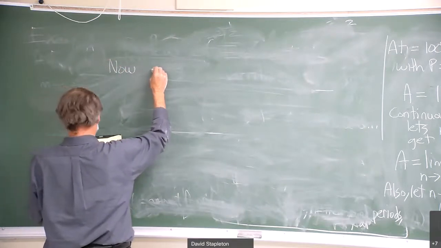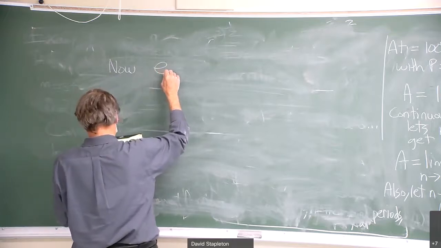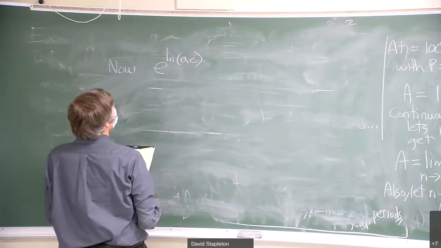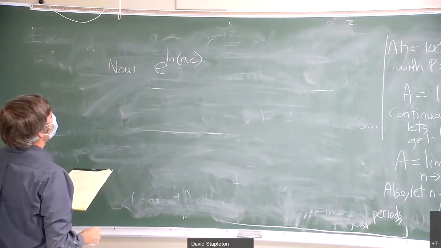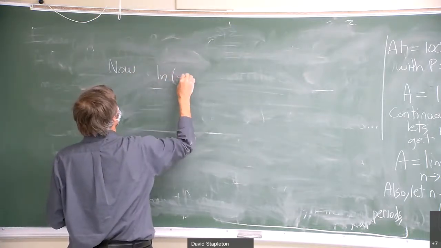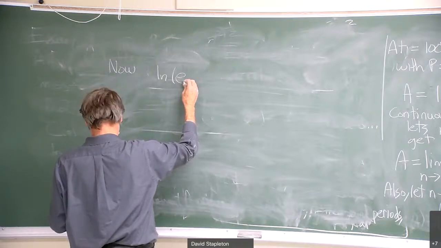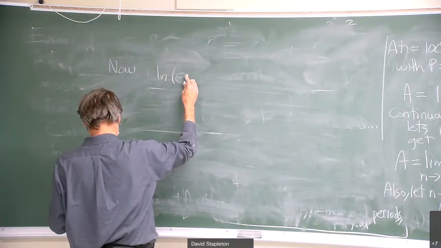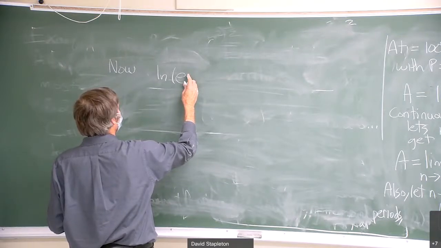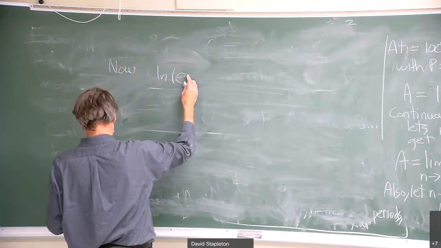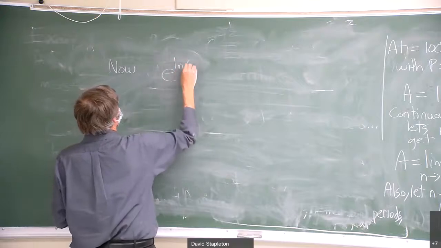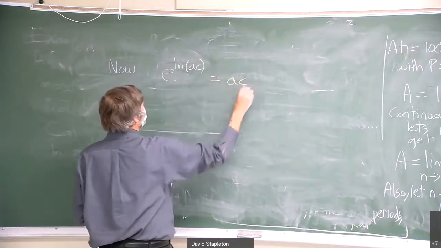If I take e to the ln of a times c, by our inverse property, this is equal to ac, right?